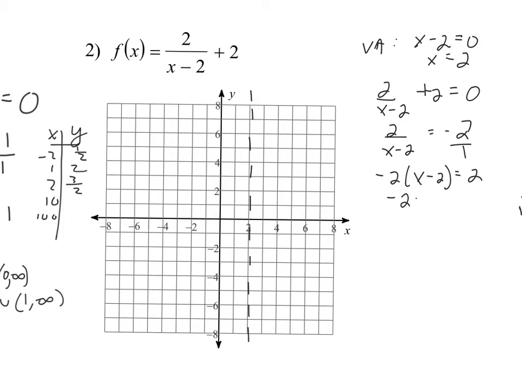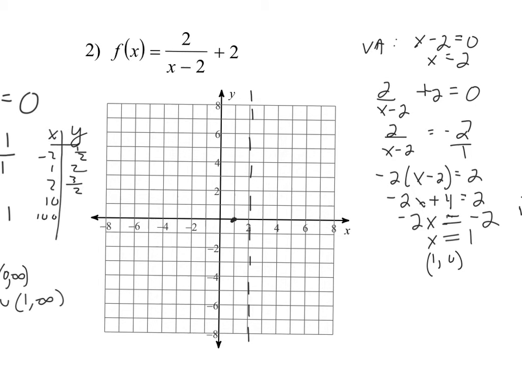You get negative 2x plus 4 equals 2. Negative 2x equals negative 2. Having a little trouble with the pen today. And so it's x equals 1. So we now have a spot at 1, 0. Remember, we plugged a 0 in for the y value and then solved for x. So the point we just found was 1, 0. And so that's right here.